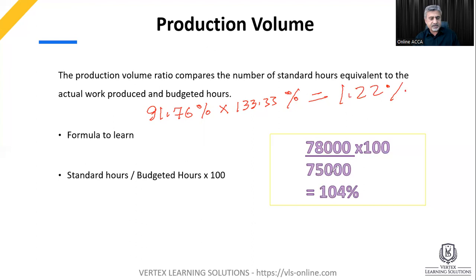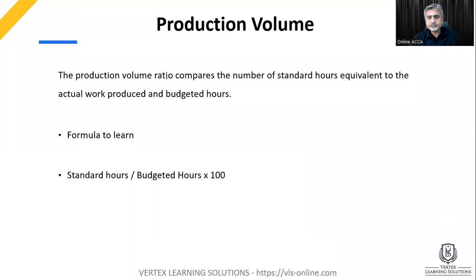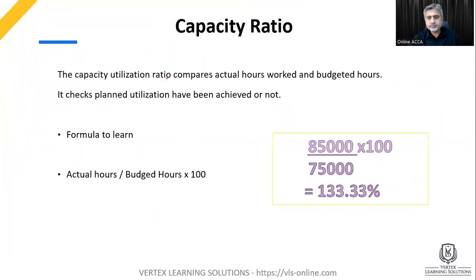Let me see, 78,000 divided by 75,000. This is correct, 104 is correct. Let's move on. 85,000 divided by 75,000 into 100. This is actually a wrong calculation.